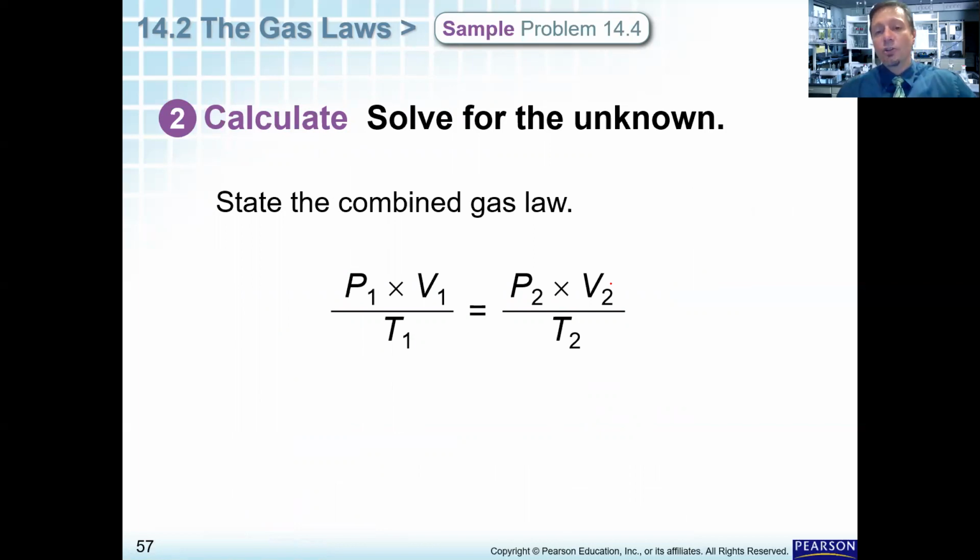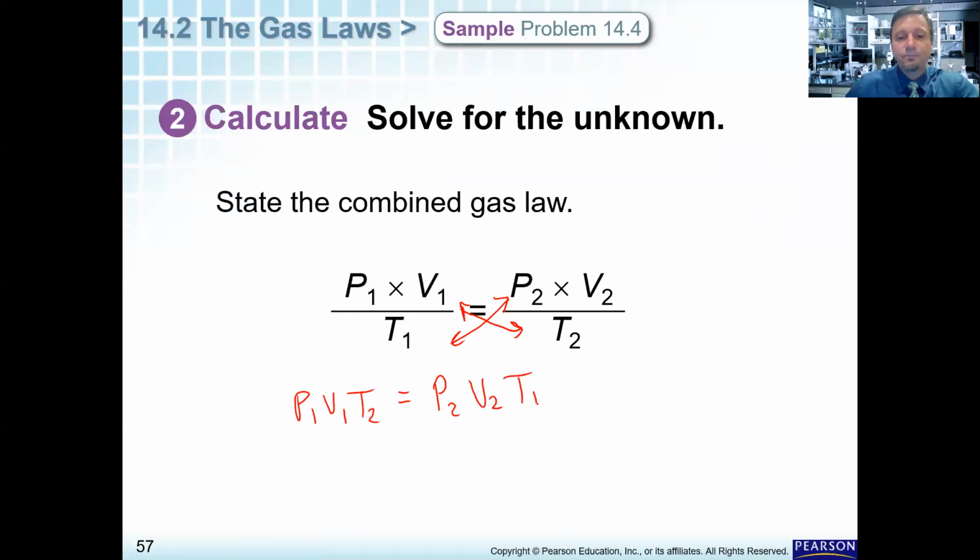One of the ways I'm going to show you is to simply break it up and cross multiply. So you could easily rewrite this formula. It makes it very simple, actually. You go P1 V1 T2 equals P2 V2 T1.